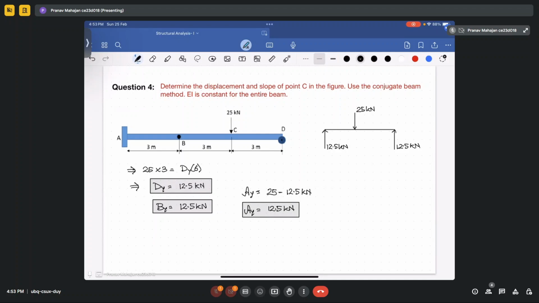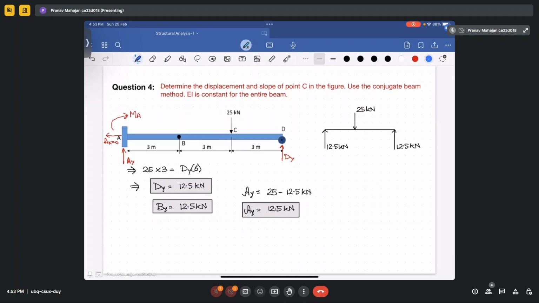So now let's draw this. Also, your moment at A you have to calculate, because here you have dy, here you have AY. AX will be gone, AX will be equal to 0, and you will be having MA.